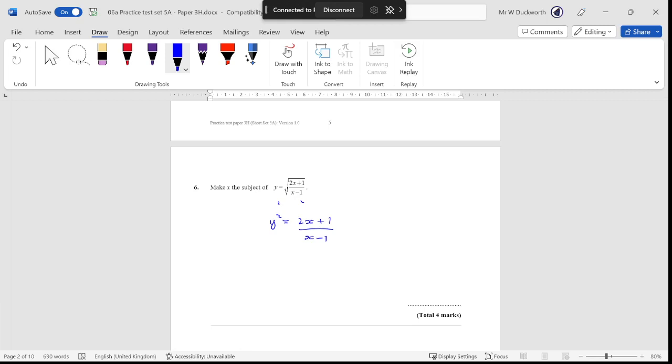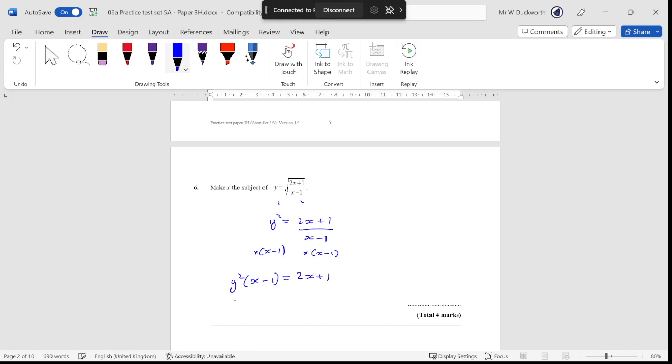My next step is to get rid of the x minus 1 as the denominator on this side. To do that, I would times by x minus 1 on both sides. So that would give me y squared times by x minus 1 is equal to 2x plus 1.